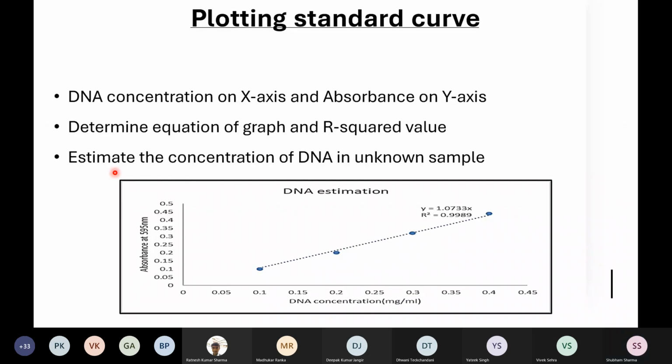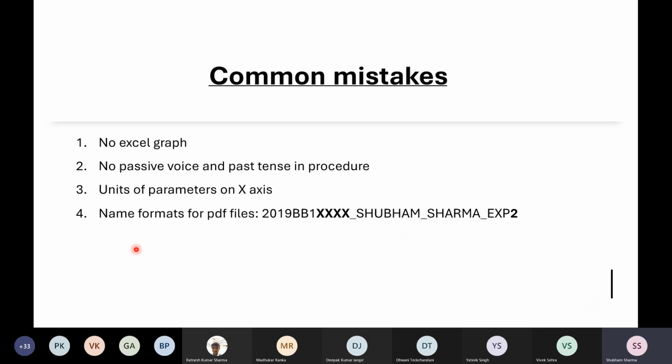Like you can see here, DNA concentration along with its unit, mg per ml, right? So you have to write the units also. And as you know, absorbance has no units, so it's not needed. Wherever you require units, not just in the graph, but also in your procedure, your methods, and your conclusion, everywhere you require units, you have to write units.